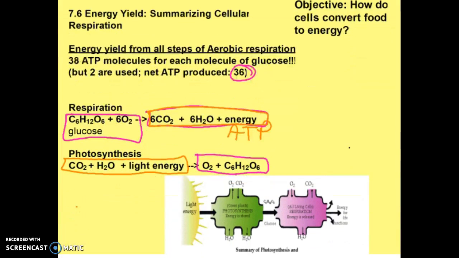So the energy yield from all the steps of aerobic respiration is a net yield of 36, because remember we used a couple of them up. Again, this is in a perfect case scenario. Does it always produce that many? Absolutely not. Things have to be absolutely perfect. This is a pretty variable number, but it could produce as much as 36, and you'll notice most of them are produced in that electron transport chain.